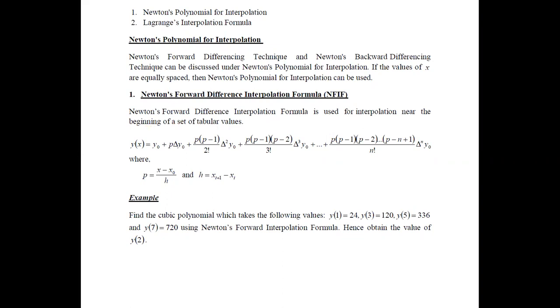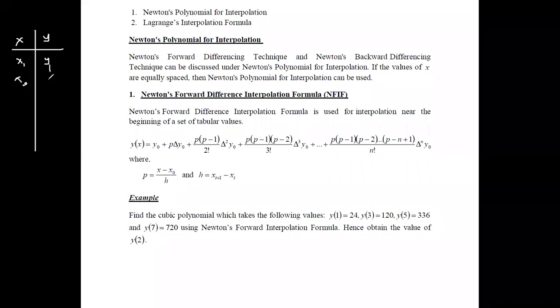It is quite like this. You may have a set of values in this form, with x values and y values. Here you have x1, y1, then x3, y3, then x5, y5.